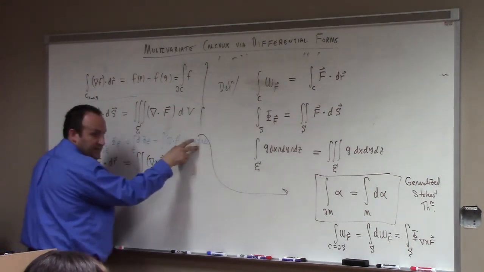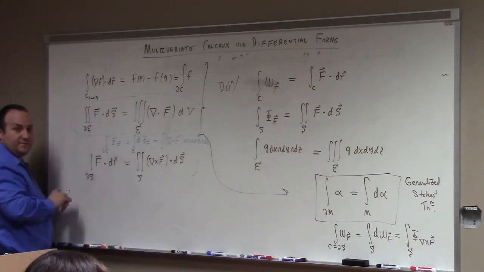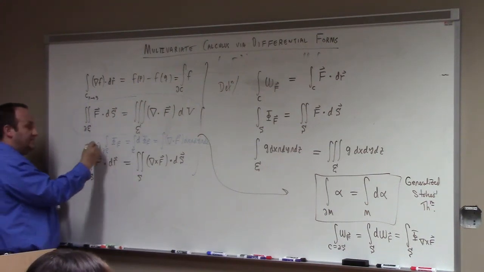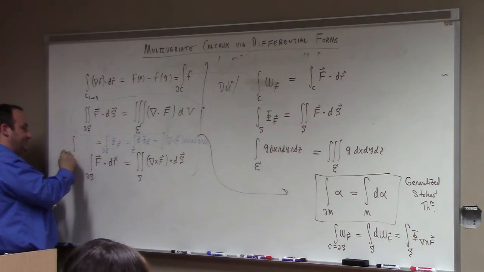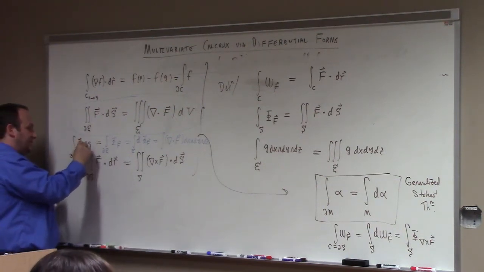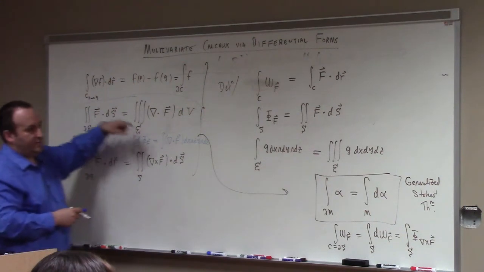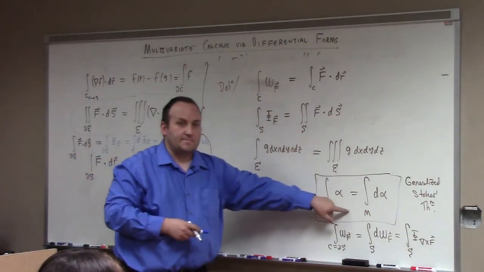But this is the triple integral of the divergence, and that's the flux integral of F over the edge of the simple solid, right? So that's the divergence theorem. So the divergence theorem, Stokes' theorem, even the fundamental theorem of calculus for line integrals, these are all really just aspects of one general theorem called the Generalized Stokes Theorem.